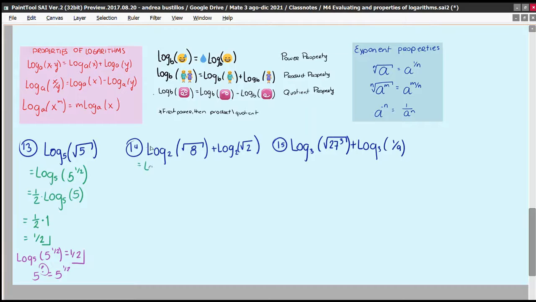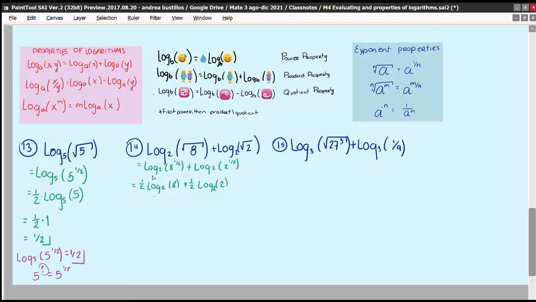So you know that this is logarithm base 2 of 8 to the power of 1/2 plus logarithm base 2 of 2 to the power of 1/2. By the power property, I know that this is 1/2 logarithm base 2 of 8 plus 1/2 logarithm base 2 of 2.